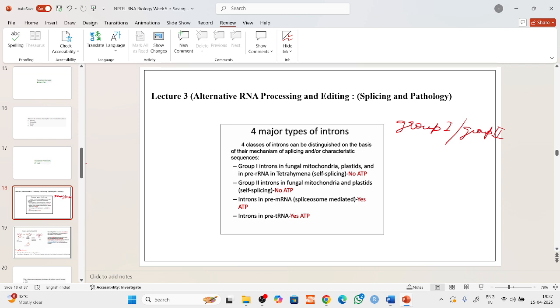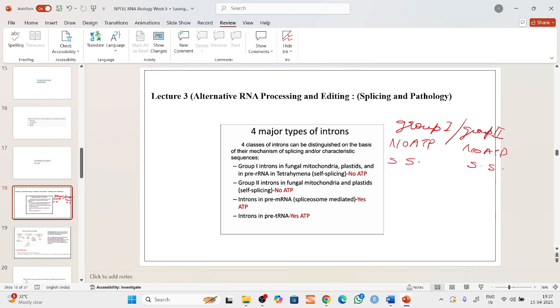Then what is the difference between the two? Group 1 does not require any ATP. So this is no ATP. Group 2 also does not require ATP. Both are self-splicing. So what is the difference?